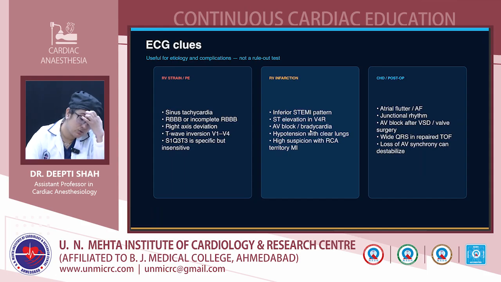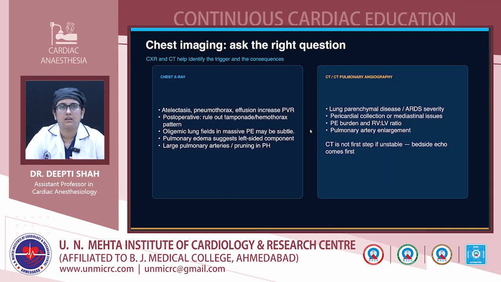Post-cardiac surgery patients, or patients who have undergone congenital heart disease repair, might have rhythms such as atrial fibrillation, flutter, junctional rhythm, or wide QRS in a patient with repaired TOF. Loss of AV synchrony can also destabilize these patients.